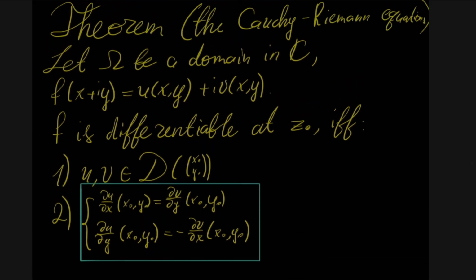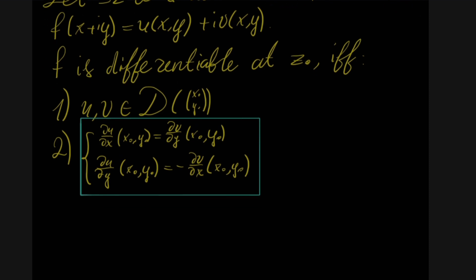And here we have the Cauchy-Riemann equation theorem. We say that f is differentiable at z0, which is by the way x0 plus iy0, if and only if the u and v functions are differentiable at that point and the Cauchy-Riemann equations are satisfied, and we will derive them next.